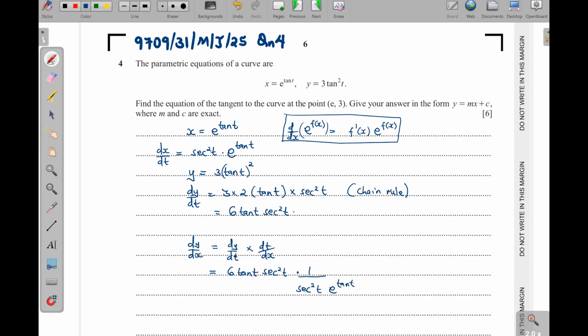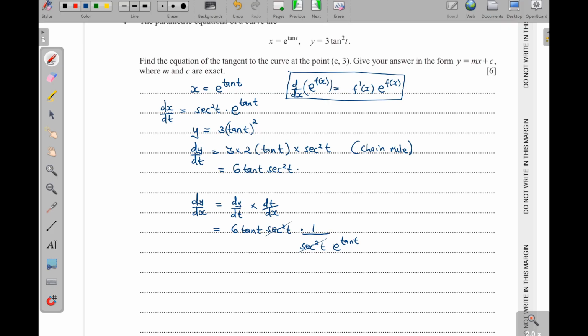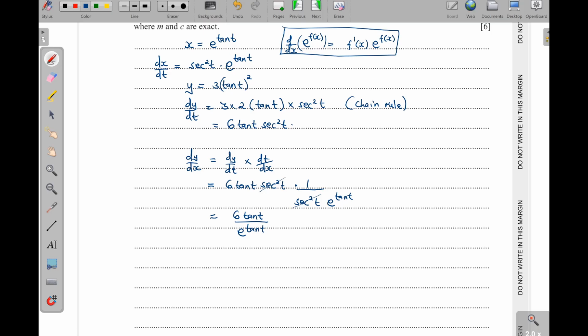So sec squared t will disappear, and then our dy/dx is going to be equal to 6 tan t divided by e to the power of tan t. You see that?